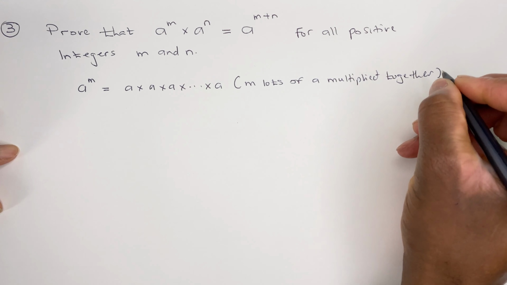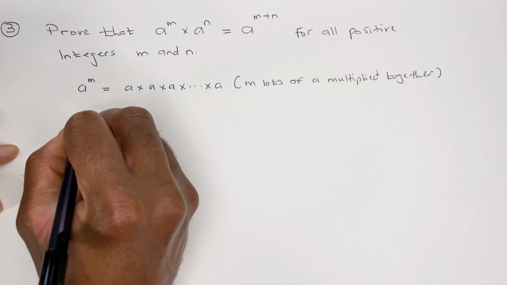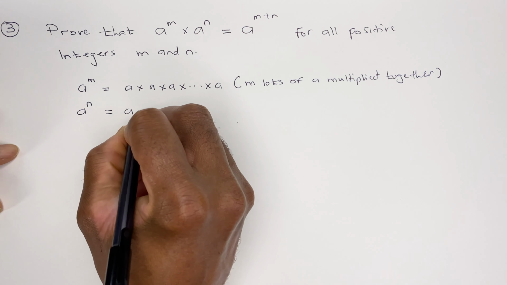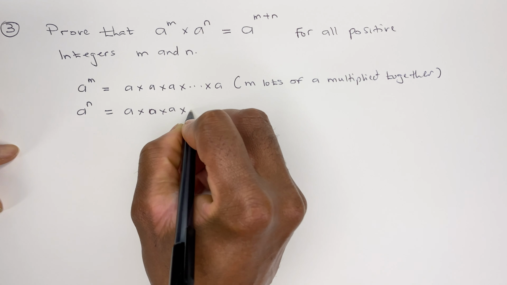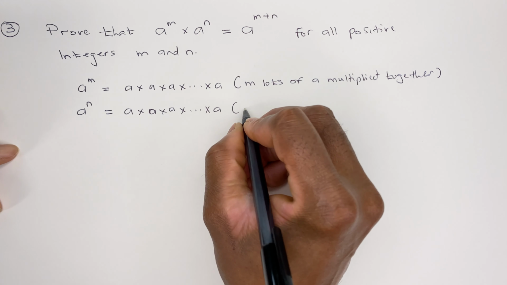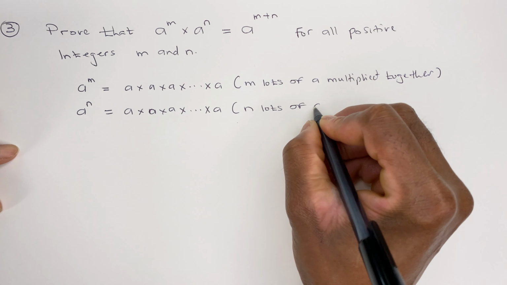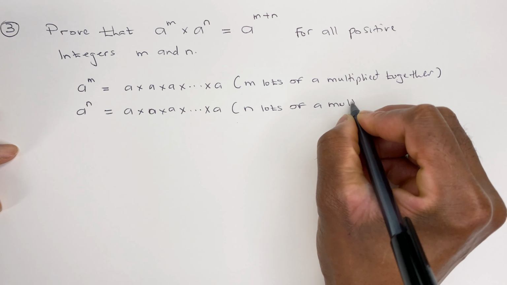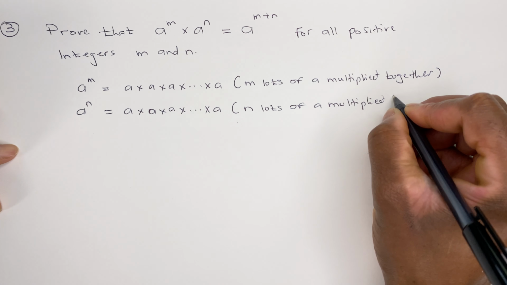Right, so that's what that is. And we need to write down a to the power of n, and that will be again a times a times a times dot dot dot times a, for n lots of a multiplied together.